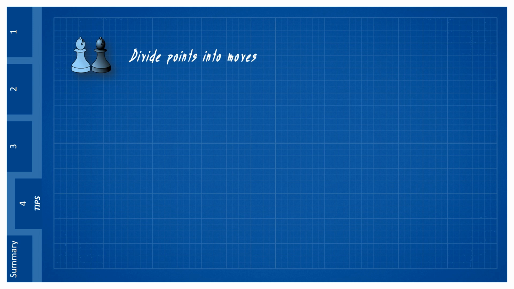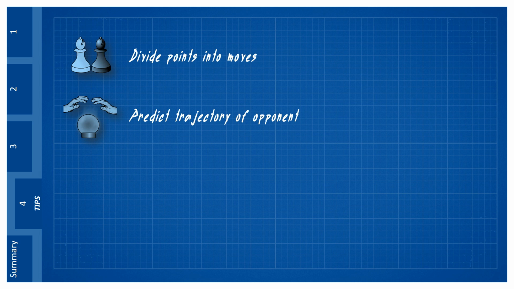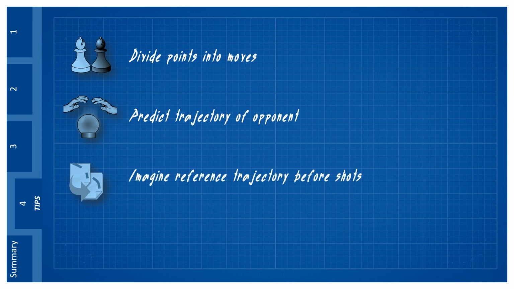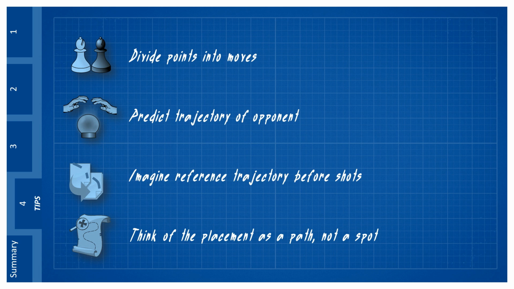Before the ball is played, try to predict trajectory of opponent's shot. Always have a reference you want to approach trajectory of your shot to. Start with safe one. Experiment with peak points. This will reduce lot of mistakes. Think about placement as a path, not a spot. Analyze how the ball get there, this will help you in the future.